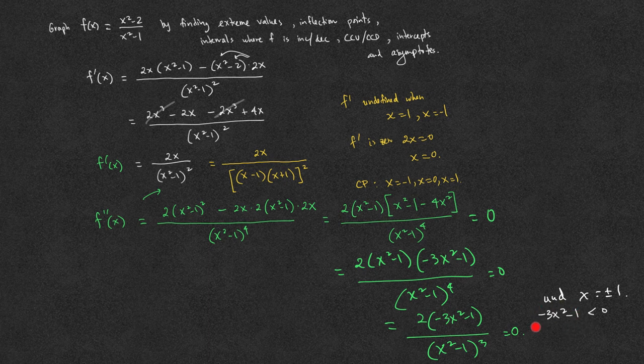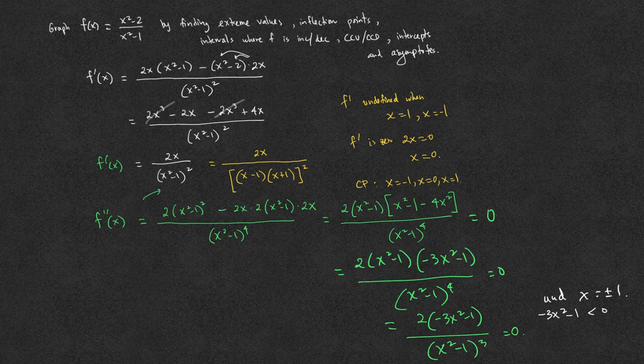If we set the numerator equal to 0, we won't be able to solve it, or we would have the square root of a negative number, which is not a real number. We cannot find any zeros for the second derivative, but the cut points for the second derivative are still 1 and negative 1, where the second derivative is undefined.